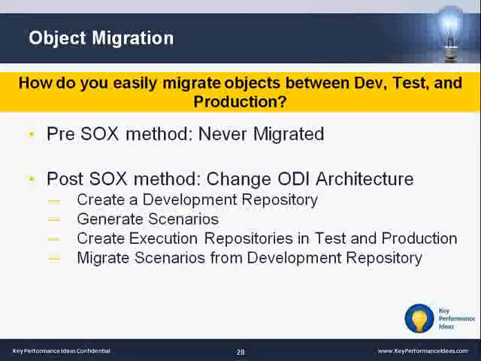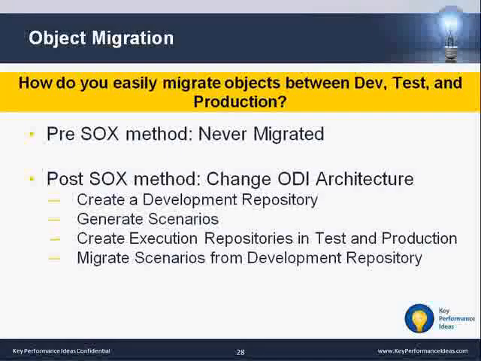And so really, if you have a simple install of ODI, in our typical scenario, we only had one environment. And so we really coded in our production environment, and never migrated from dev, test, and production. So post-SOX, what we really need to do is change our architecture. We need to create a development repository, and from this development repository, we need to generate our scenarios.